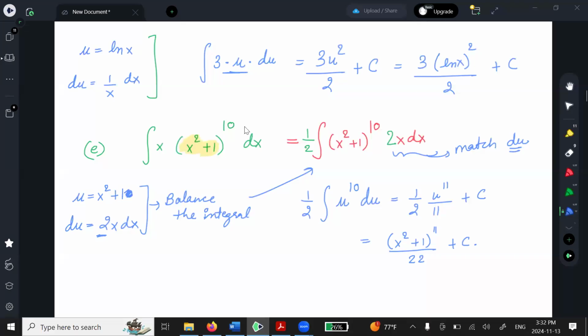Anybody, any questions? Yes. What's the point of substituting? Well, if you try to integrate this without making a u substitution, can you come up with an answer? No, it's too difficult, right?